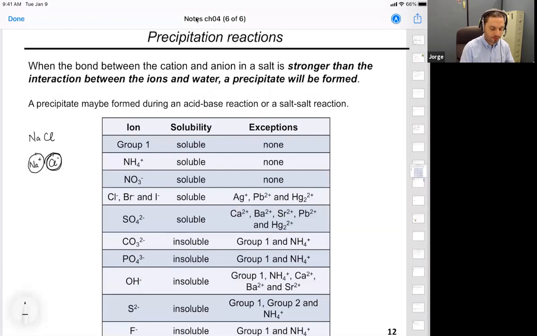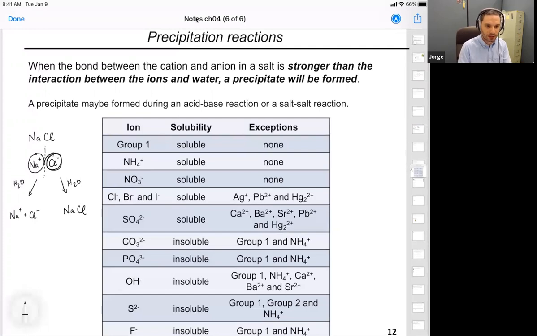When we dissolve or when we add the salt in water, the water may be strong enough to split the salt and separate sodium and chloride, okay? So that's the first possibility. Or the water will not be strong enough to separate the sodium and chlorides, and they will stay together.